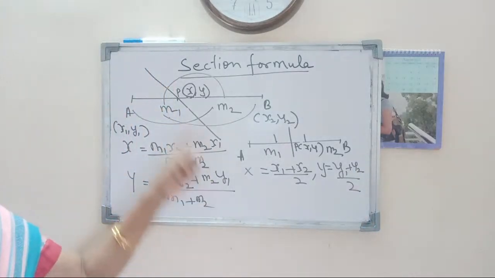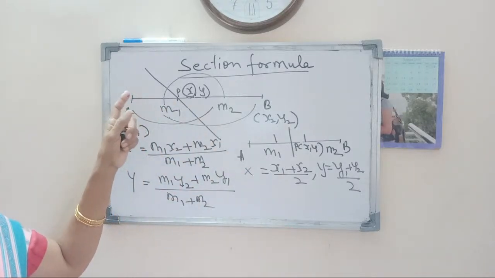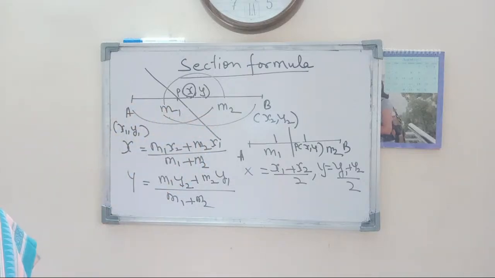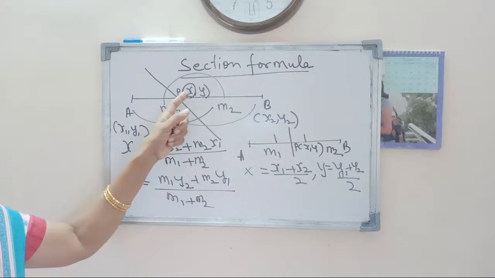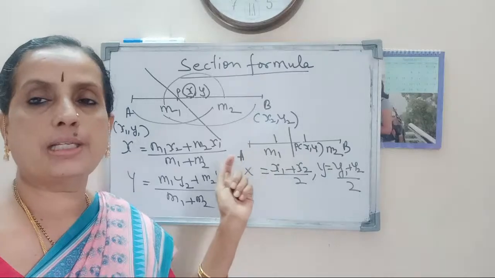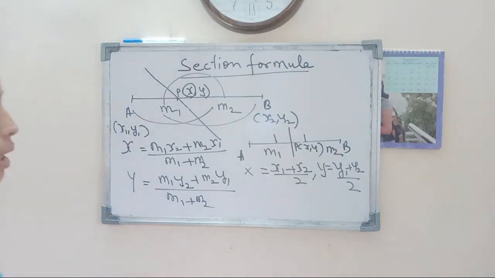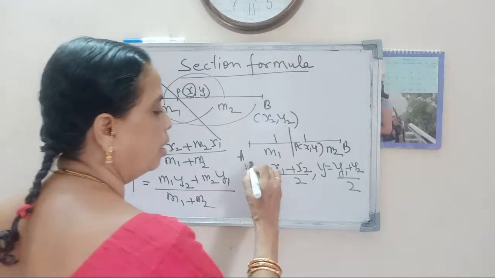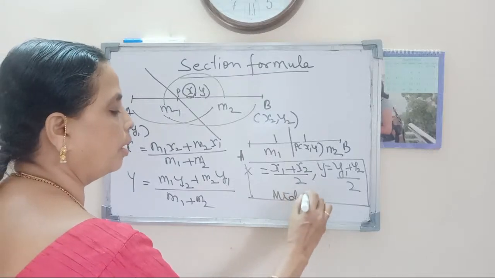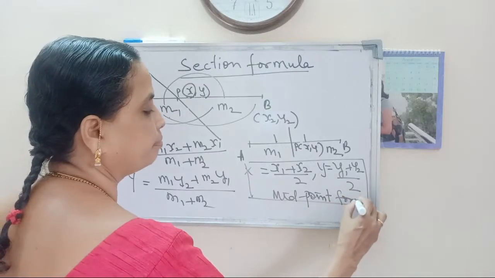This is the simplified version of the section formula. When a line segment is divided in the ratio m1 m2, we can find x and y using the section formula. When the point divides AB in the ratio 1:1, we use this formula. We call it the midpoint formula. It's not a theorem, it is the midpoint formula.